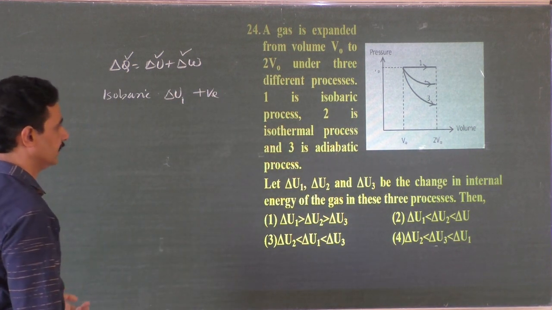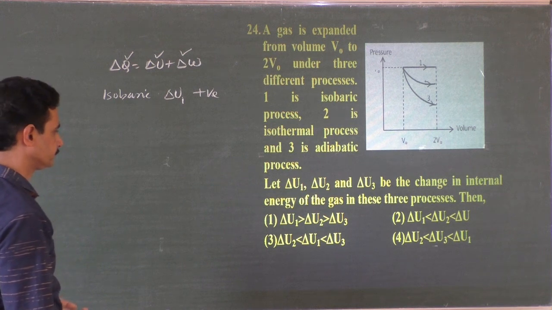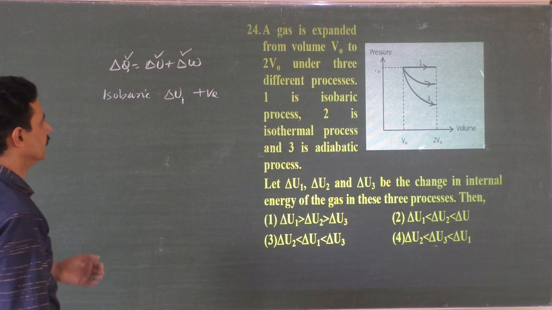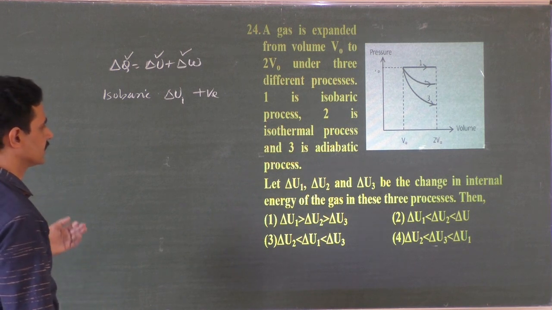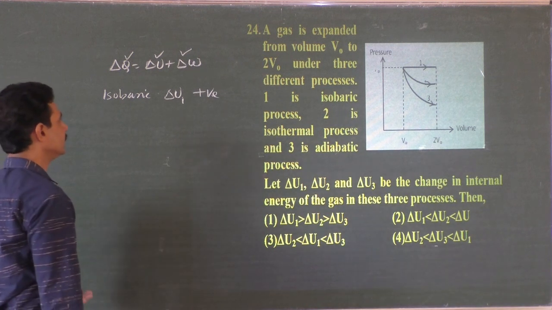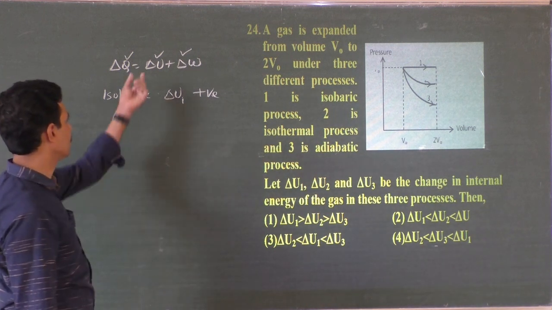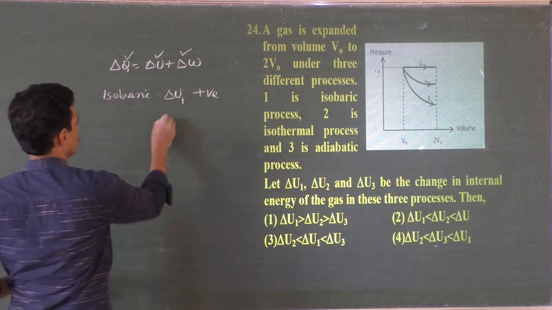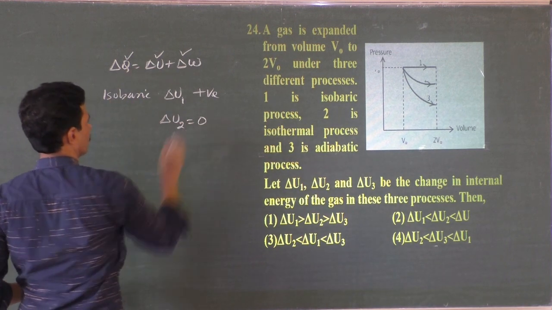What about the other processes? Second one, isothermal. Isothermal process is where temperature is kept constant, there is no delta U at all, so delta U2 is 0.